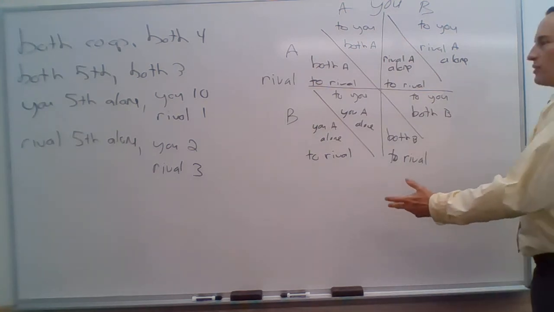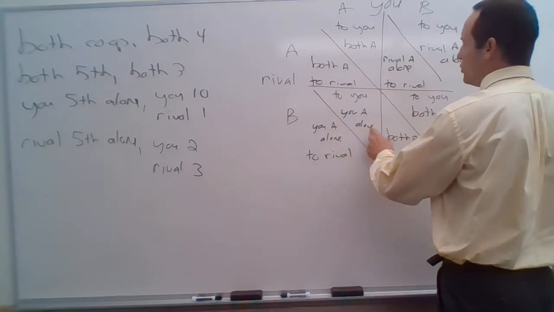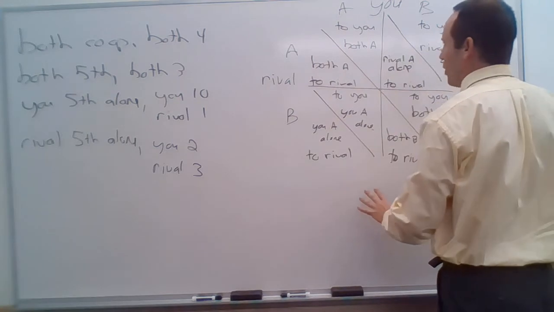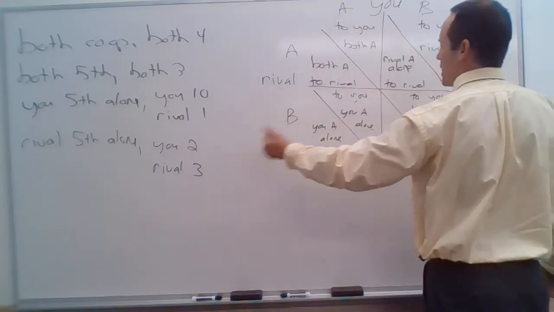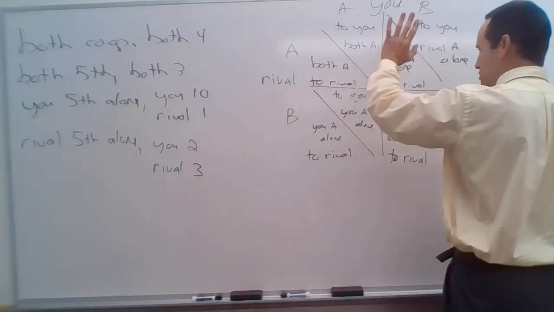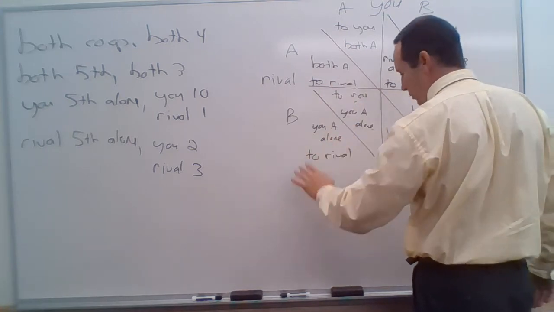The last hybrid cell down here says you A alone. So if you opt A alone, that implies he's going B. So you choose A, he chooses B. This is the payoff to you, always to the top and a bit to the right, and this is the payoff to him, your rival, always low and to the left.